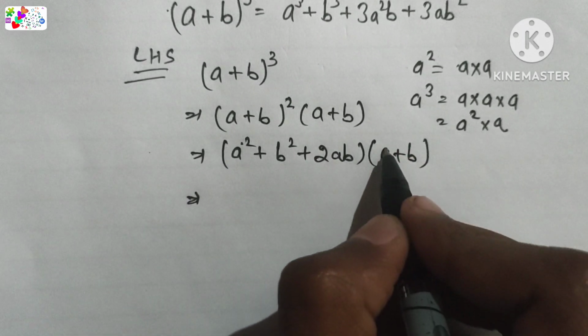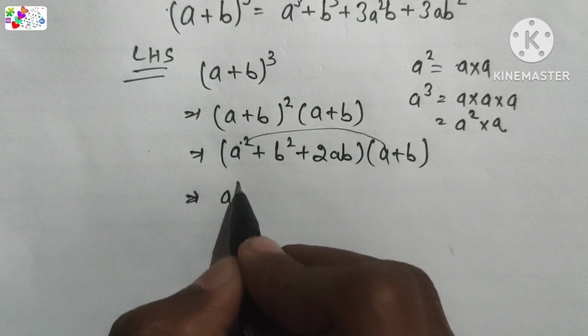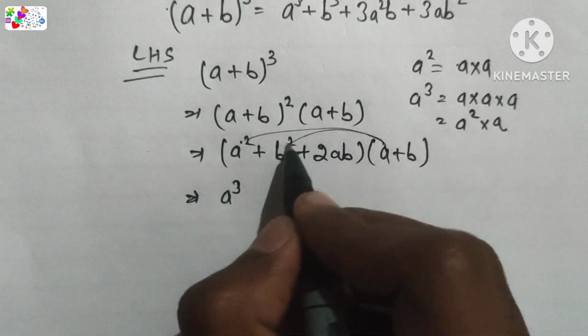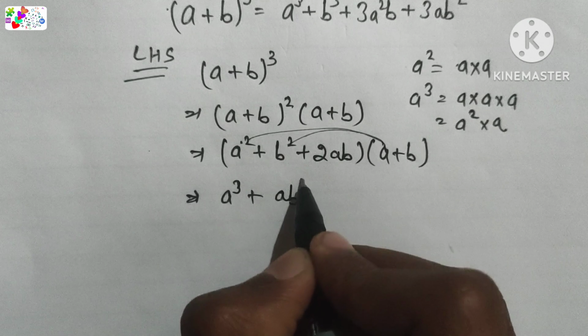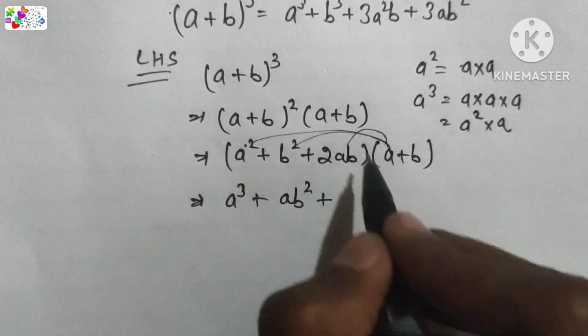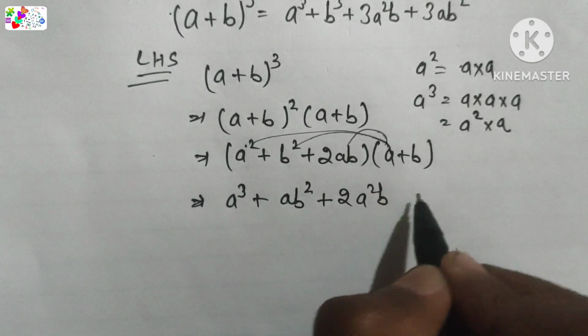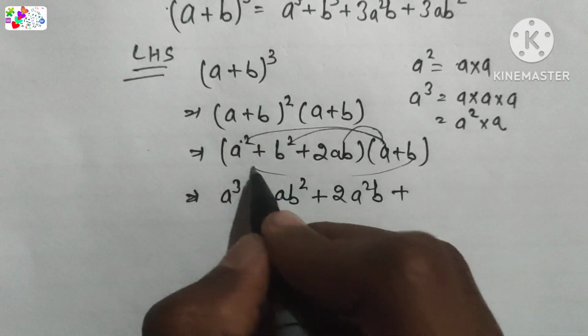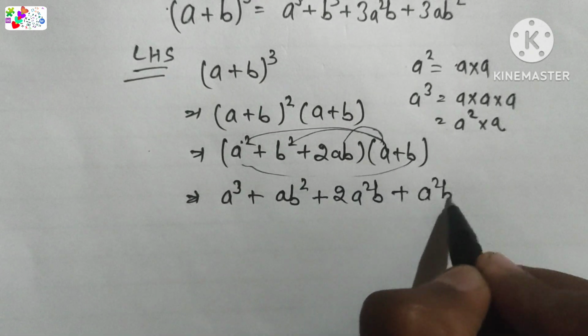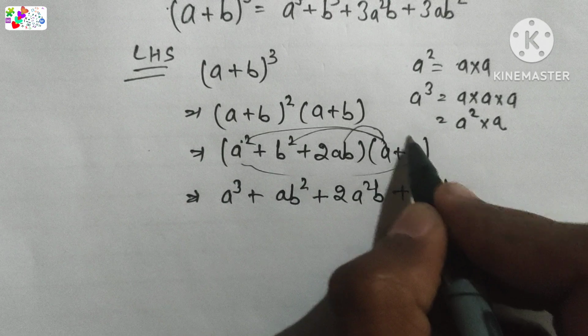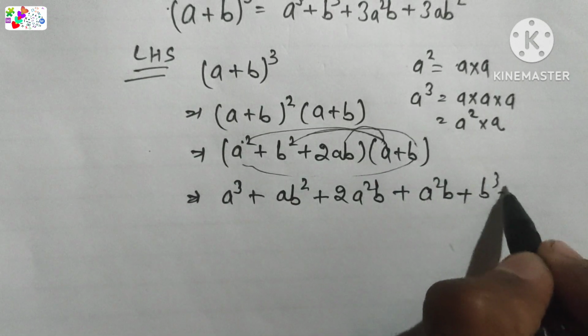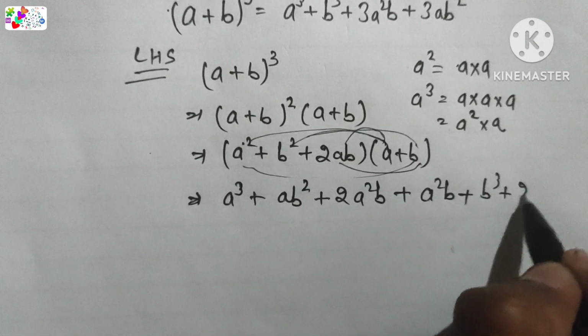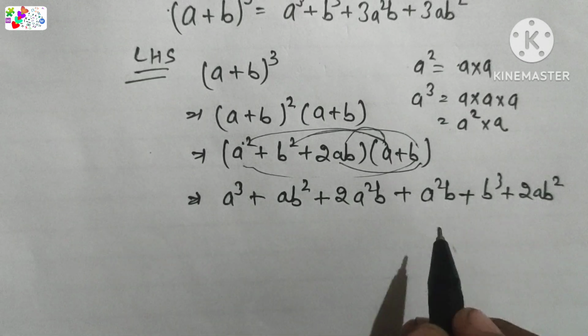Now I will multiply this a cube, this ab square, this 2a square b, plus this a square b, plus this b cube and this 2ab square.